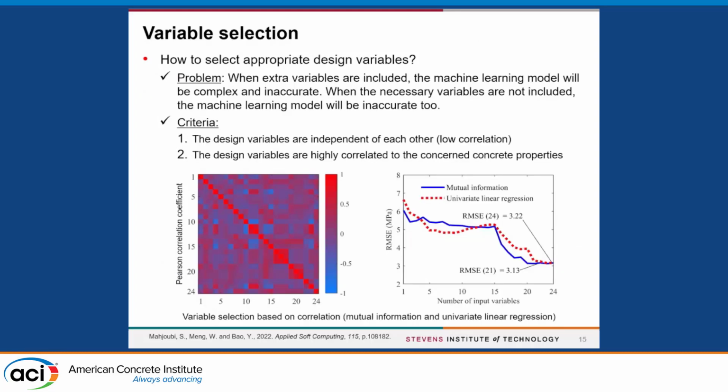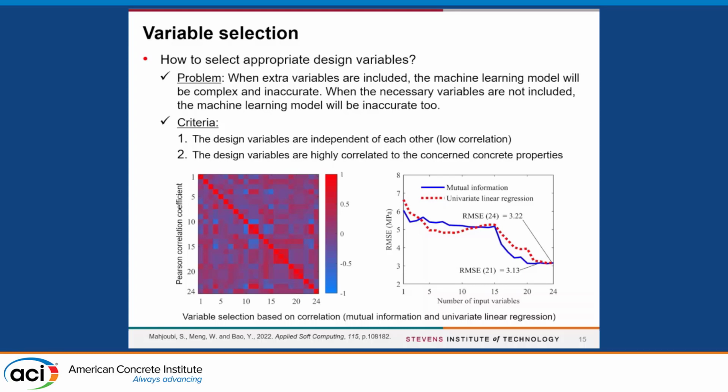So the next important issue for the machine learning model is the variable selection. If we include dependent or redundant variables into the machine learning model, we will make the model very complicated and not accurate. But if we don't consider the necessary variables, we also will not make the machine learning model very accurate. So there are two criteria for the selection of the variables. First, the design variables should be independent of each other.